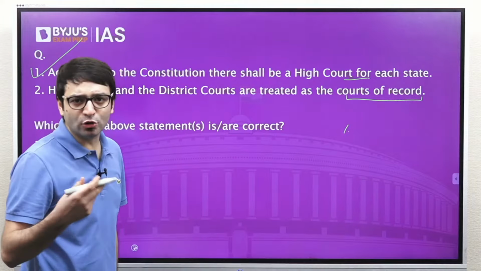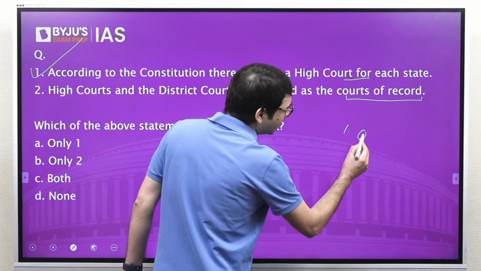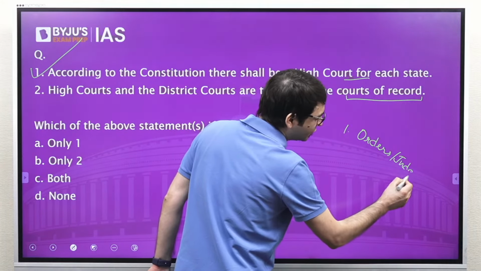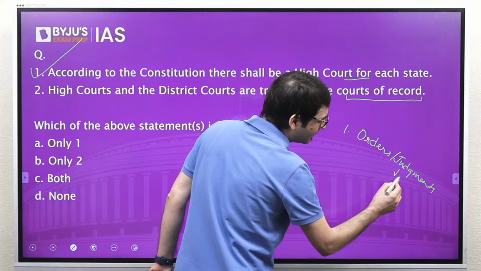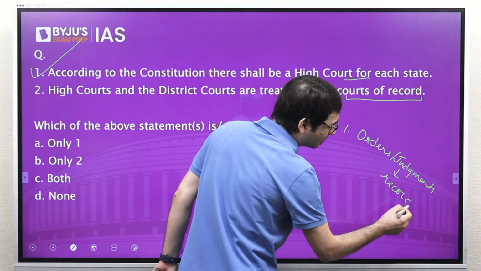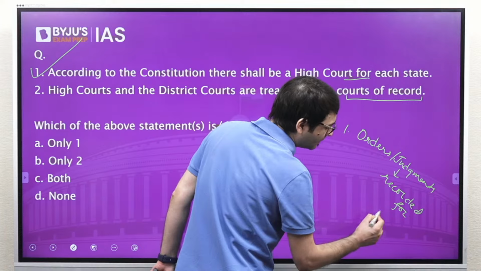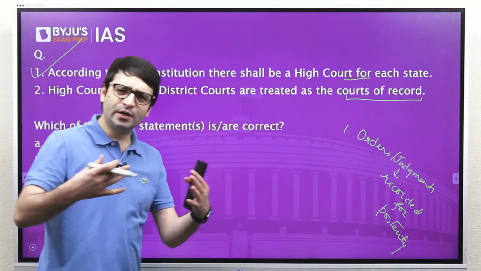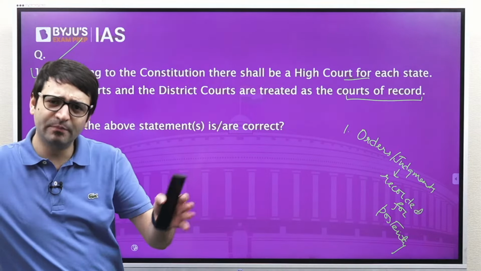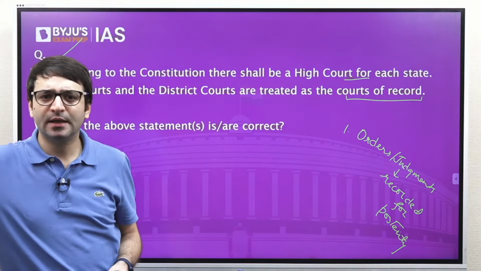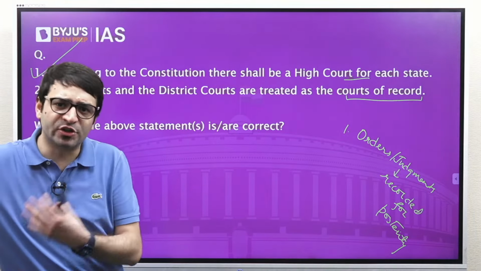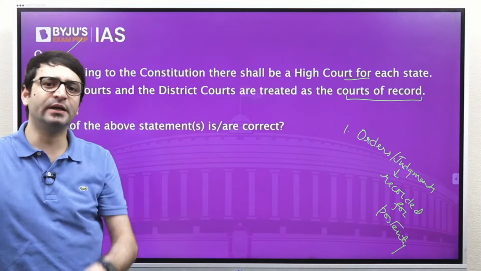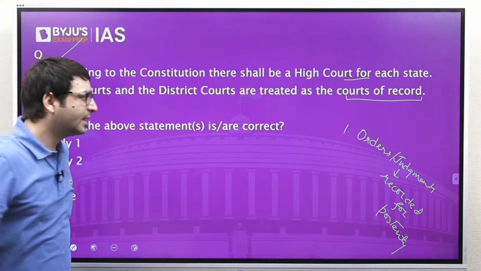A court can be a court of record if its orders, its judgments are recorded for posterity, recorded for a long time, stored, preserved, and these orders or rulings or judgments cannot be questioned before any court of law when they are presented. That is one condition.